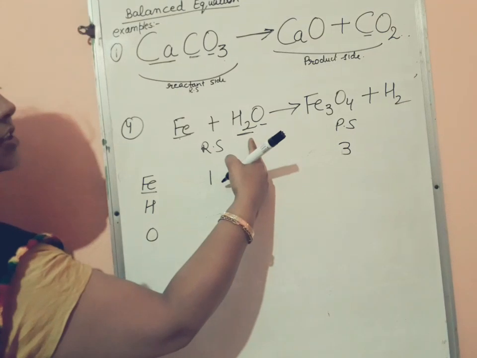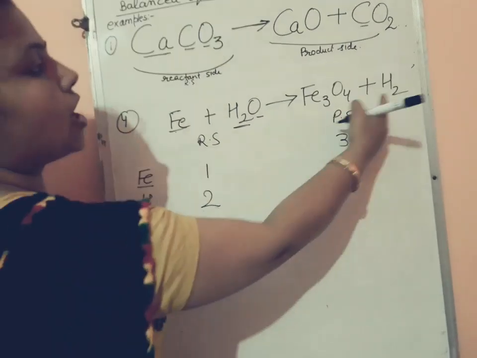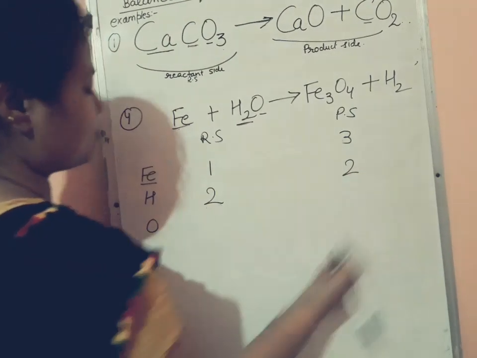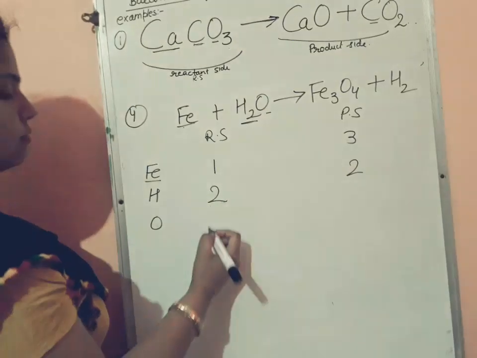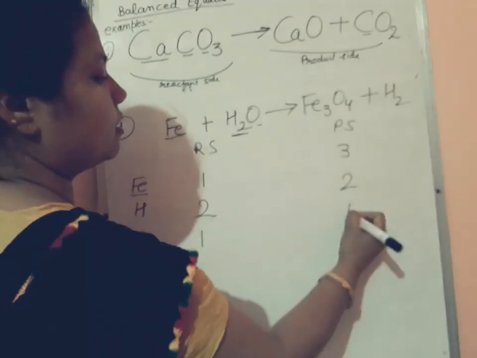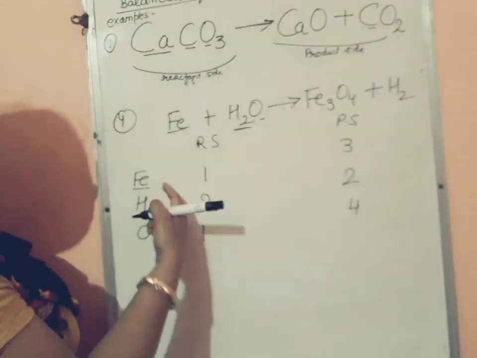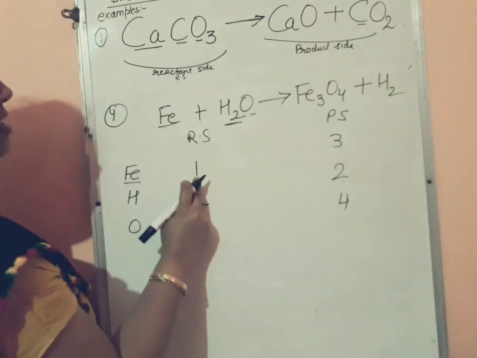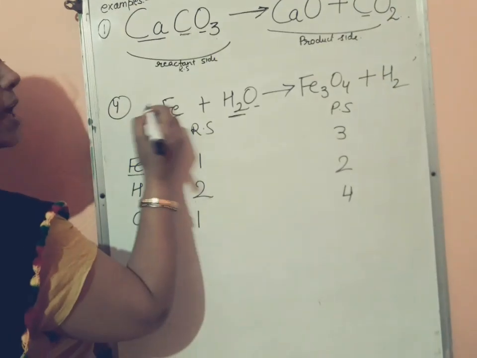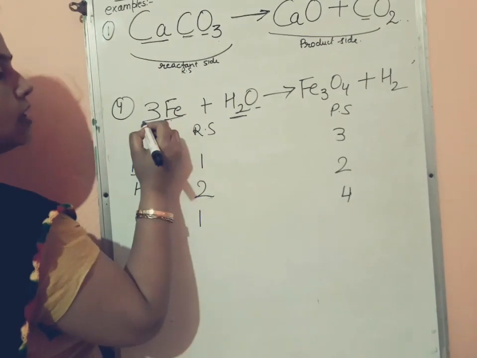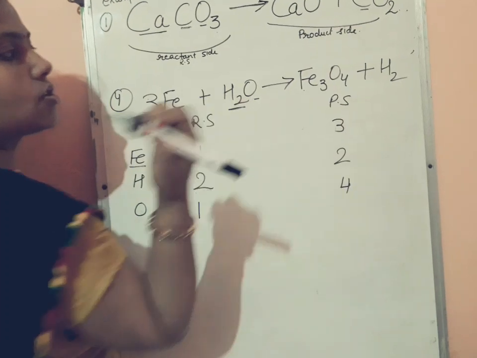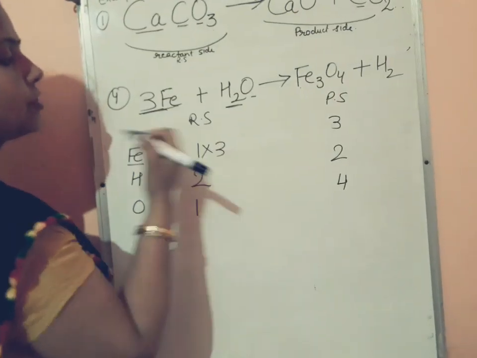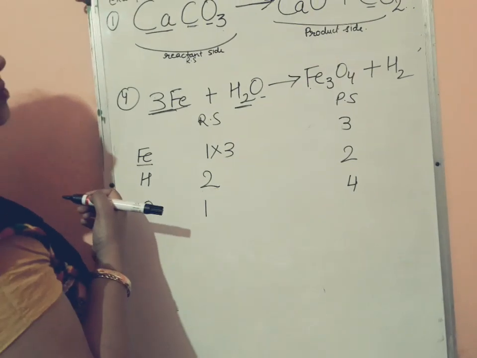Hydrogen, how many hydrogen are there? 2. And how many hydrogen on the product side? It is again 2. How many oxygen is here? 1. And how many oxygen are here? 4. Now see, these are not balanced. So this is 3 and here it is 1. So we have to multiply it by 3. Now iron becomes 3 and iron is also 3 here. We have multiplied by 3.